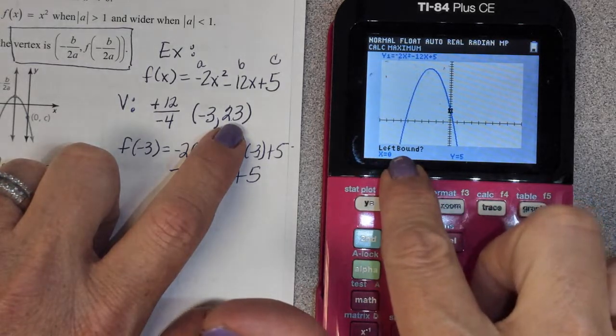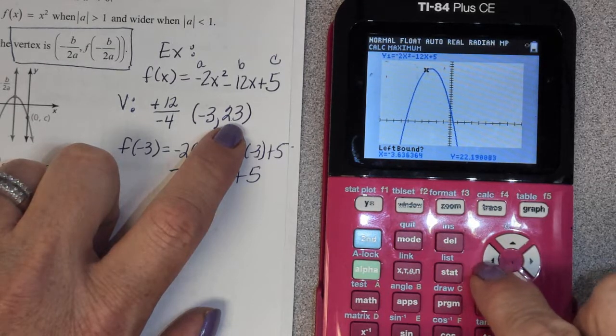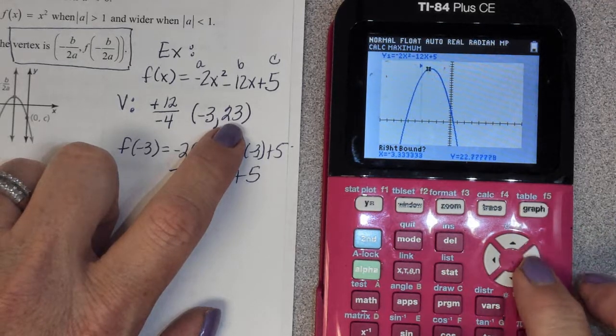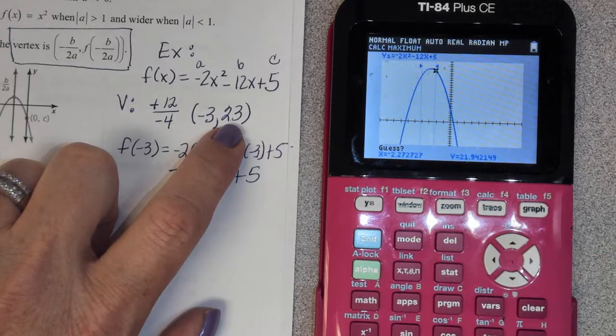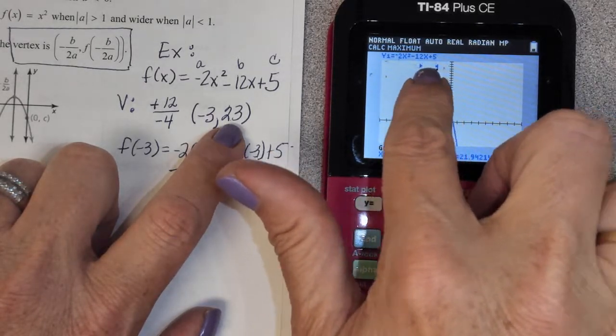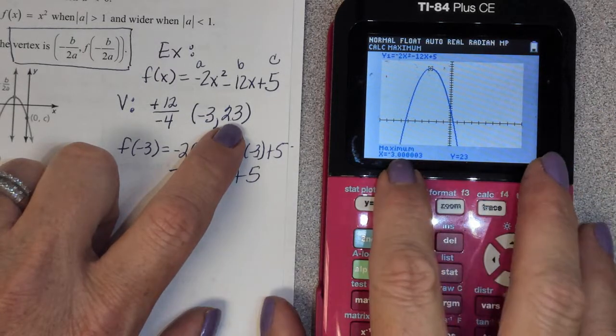It's going to say left bound. You want to arrow over to the left of that high point. So go to the left of it, hit enter. Go to the right of it, hit enter, and now it's going to say, is the guess in between these two arrows? We say yes by hitting enter, and right there it is.